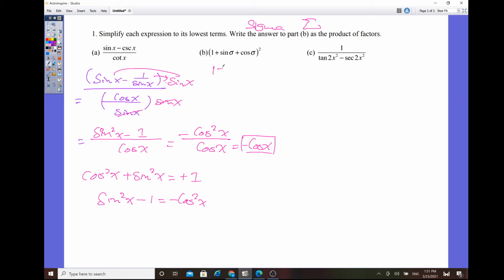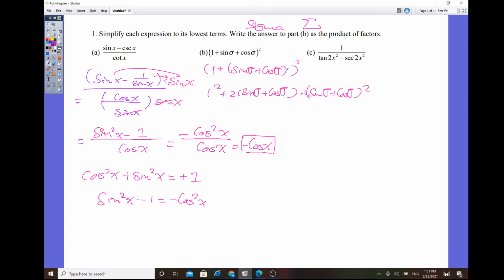This one you can always regroup. So let's put it this way before we expand it. This one is just like 1 plus x, quantity squared. So it's 1 squared plus 2 times the quantity sine of sigma plus cosine of sigma, and then plus the quantity sine of sigma plus cosine of sigma, squared.